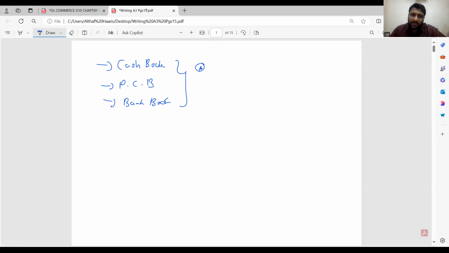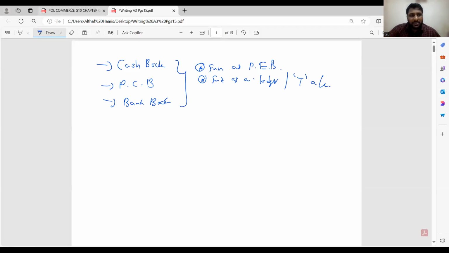One function is to function as a primary book. That means we will record the transaction initially, as well as we will maintain the double entries in the same account, as a T account. Function as a ledger account. Ledger account, if not T account. So these are the dual functions in these three books, people.